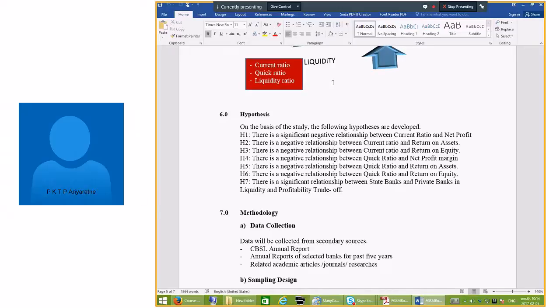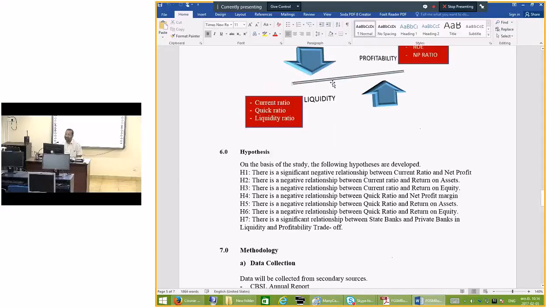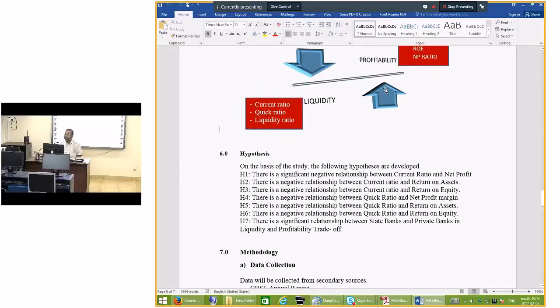Considering all the ratios, you say the current ratio is 1, the quick ratio is 2, the liquid ratio is 3, so you have three figures, and the other part another three.